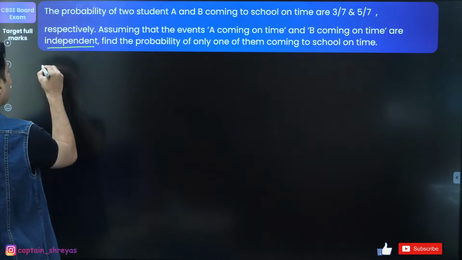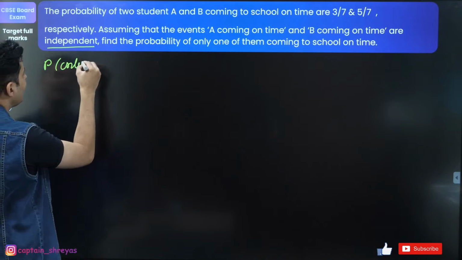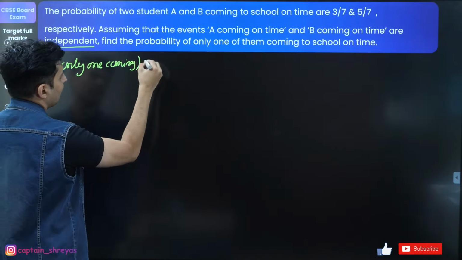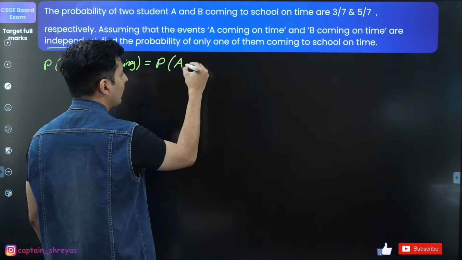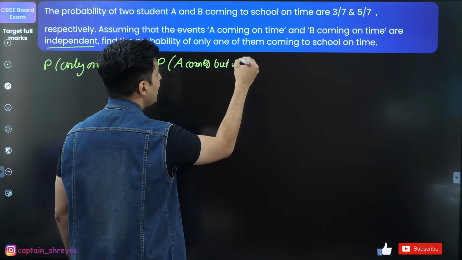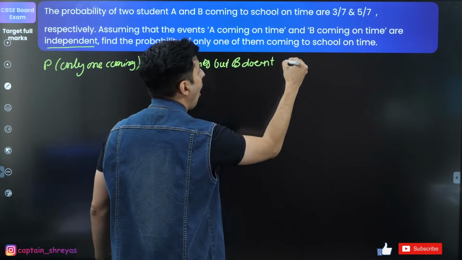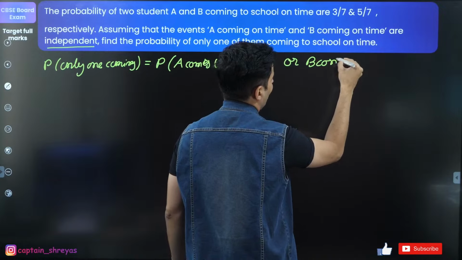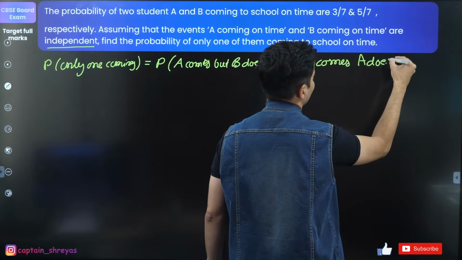Understand it. The probability of only one coming to the school is the probability of A comes but B doesn't, or B comes and A doesn't come.